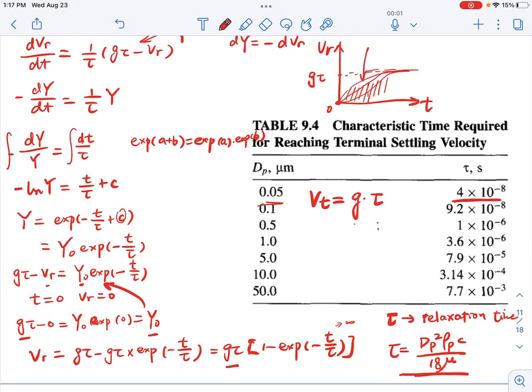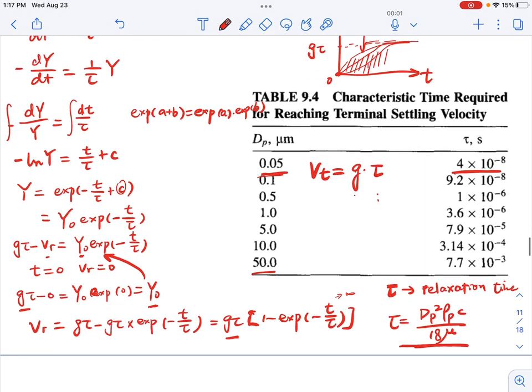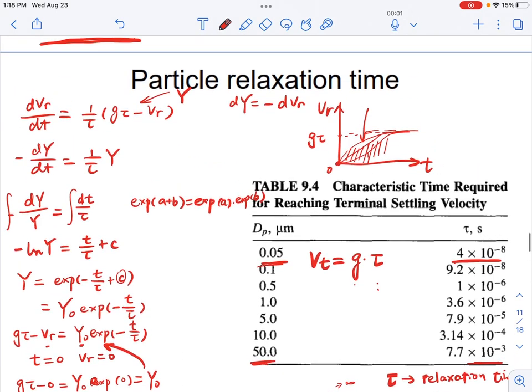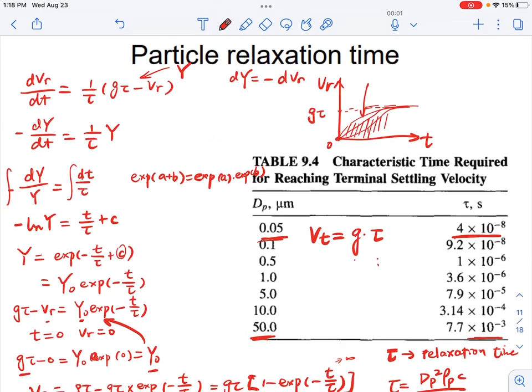For a particle of around 50 nanometers, which is relatively small in the Aitken mode, they need only around 40 nanoseconds to reach the terminal velocity, which means they respond to the flow really fast. For larger particles, like 50 micrometer particles, similar to the diameter of a hair, it needs around 7.7 milliseconds to reach the terminal velocity. So this is the relaxation time of the particles.